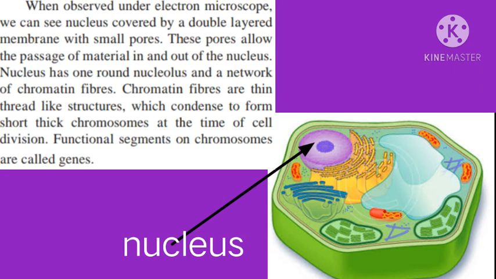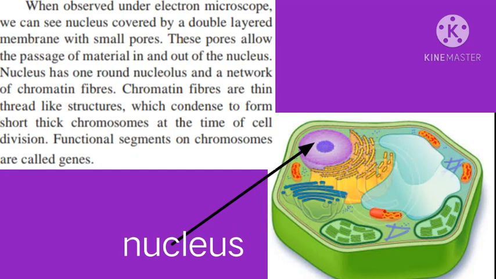The next organelle is nucleus. Nucleus is the most important organelle of the cell as it keeps control over all the other organelles. When observed under an electron microscope, we can see the nucleus covered by a double-layered membrane with small pores. Pores means small holes. We can see in the picture. These pores allow the passage of material in and out of the nucleus.